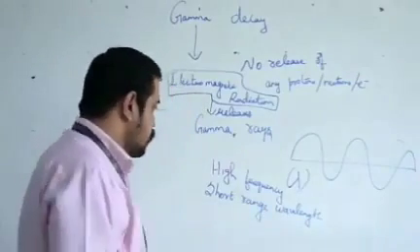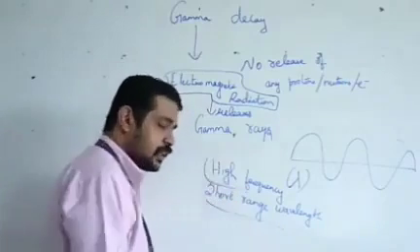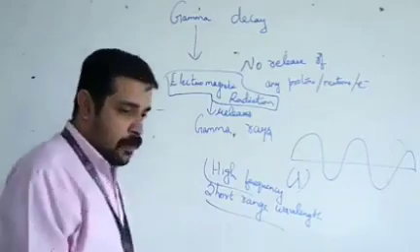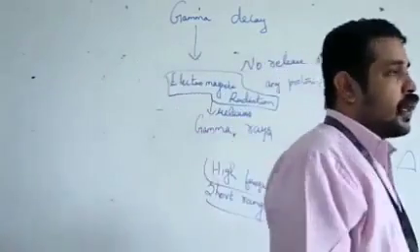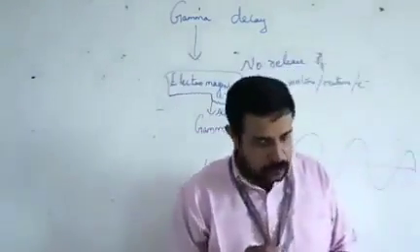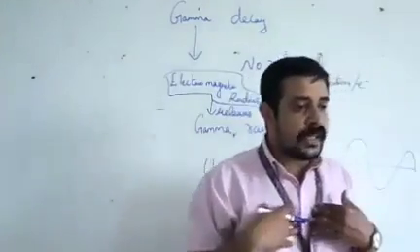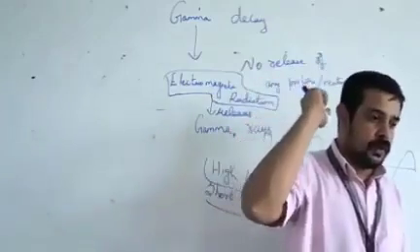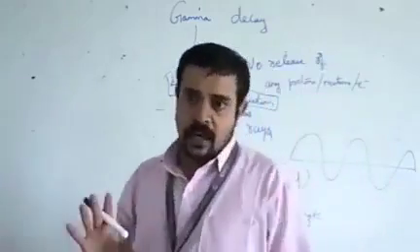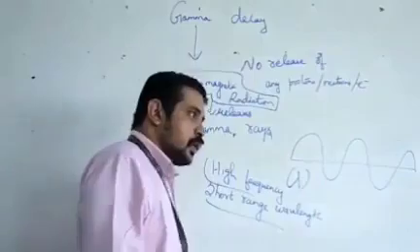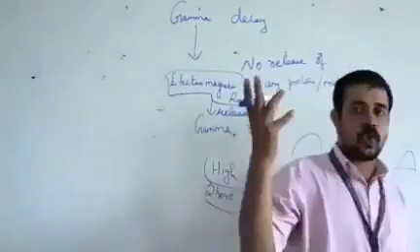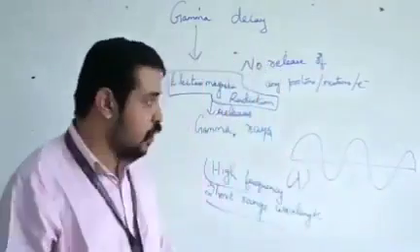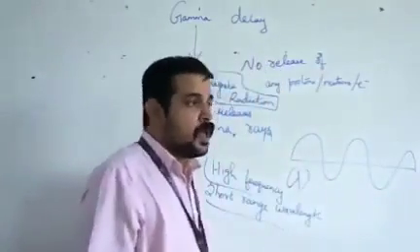Now, what do you mean by this high frequency and short wavelength? We have to understand that. For example, we actually get light from the sun. That is a very common thing which everybody knows. Sunlight is the ultimate source of energy for the entire earth, for all the living organisms present.